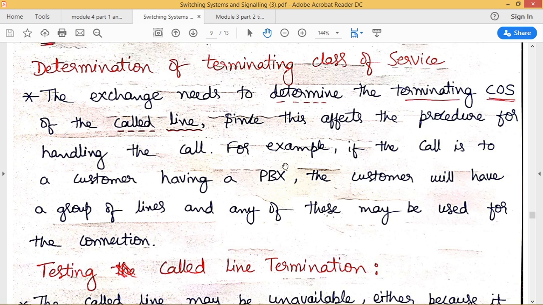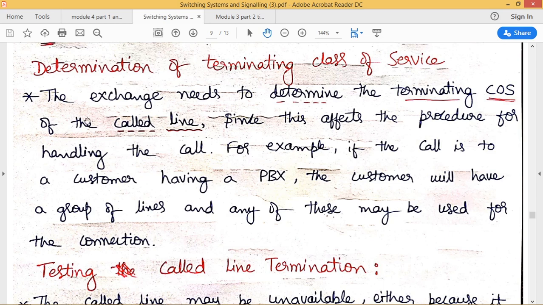We know that with a private branch exchange, a certain number of customers are connected to it. Similarly, from this private branch exchange, there are certain exchange lines coming to the local exchange. Generally, the exchange lines are less in number.